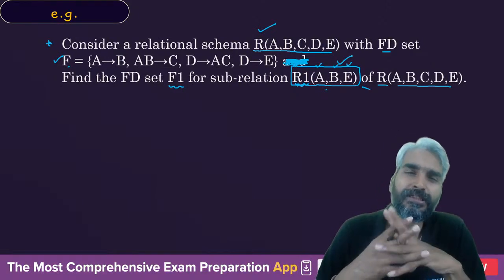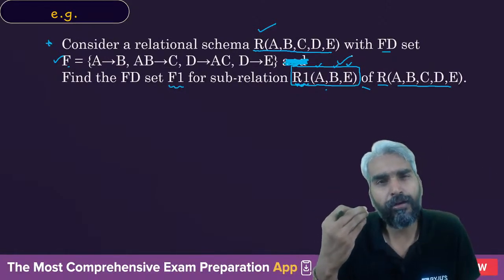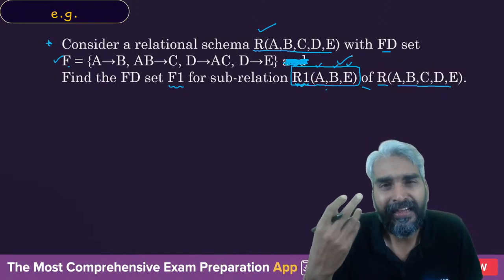Obviously you need to understand one thing, that trivial FDs will always be implied in any relation.